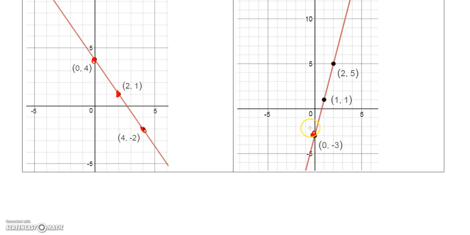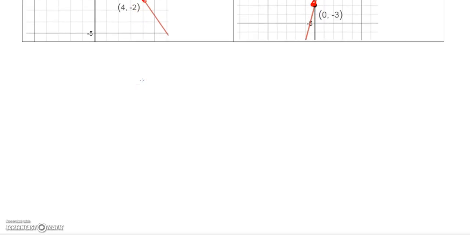So to get another point, I would go up 1, 2, 3, 4, and then I would run 1 unit to the right. And then if I wanted another point from there, I could rise 1, 2, 3, 4 again, and then run 1 unit to the right. And then of course just get a ruler and draw the line through those 3 points. And that's how you graph a line using the slope and the y-intercept.